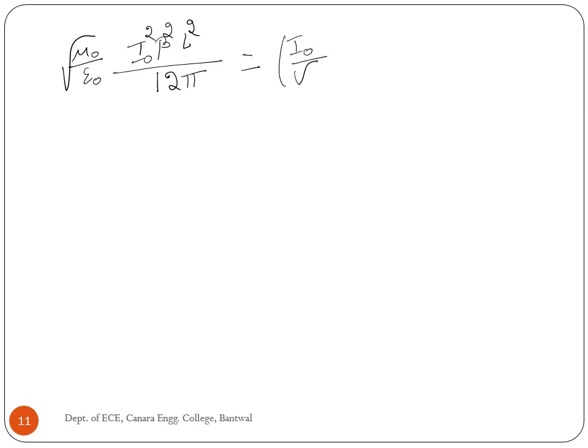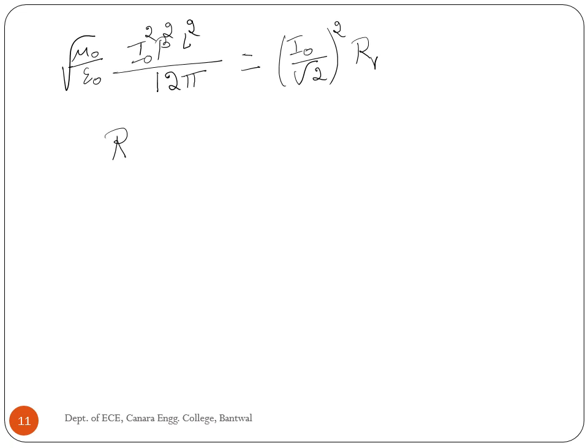Radiated power must be equal to the square of the RMS current I flowing on the dipole times a radiation resistance RR. That is, radiated power, root of mu naught epsilon naught I naught square beta square L square divided by 12 pi, must be equal to the square of the RMS value times radiation resistance.